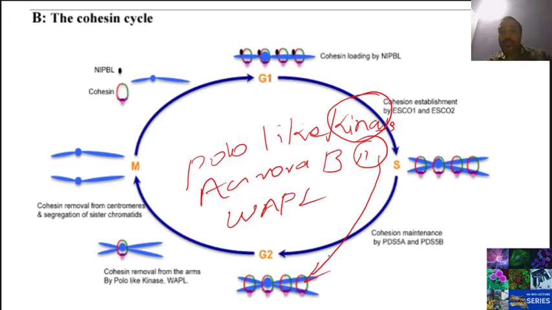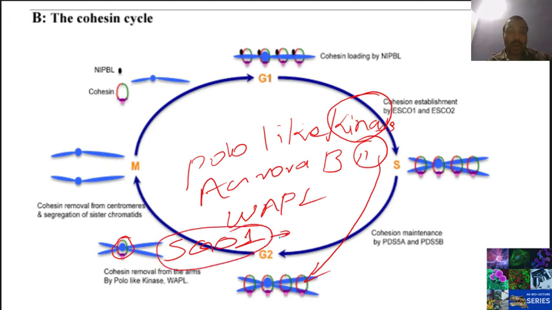Okay, the phosphorylation will inactivate the cohesin protein. As a result, it will fall off except at the centromere region, where most of the cohesin protein remains protected by SGO1, by the phosphatase activity of SGO1.